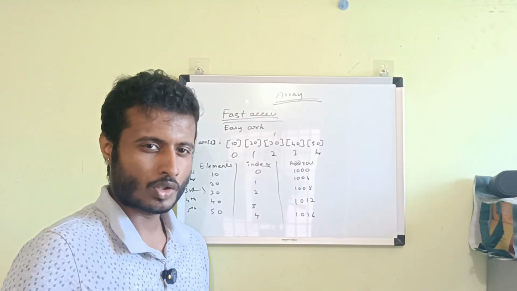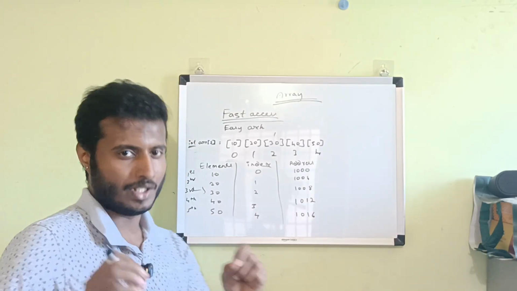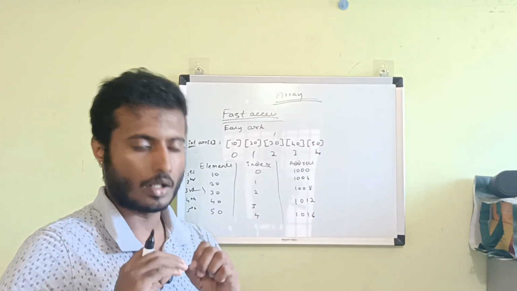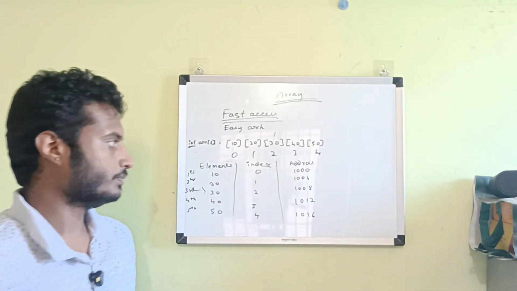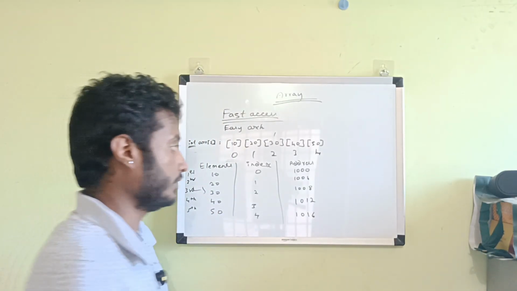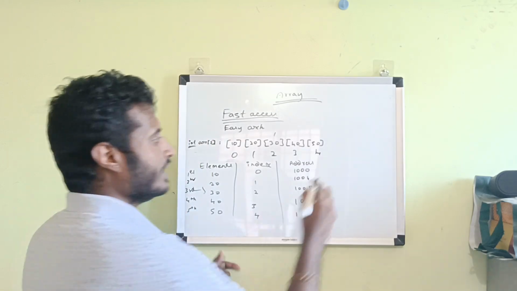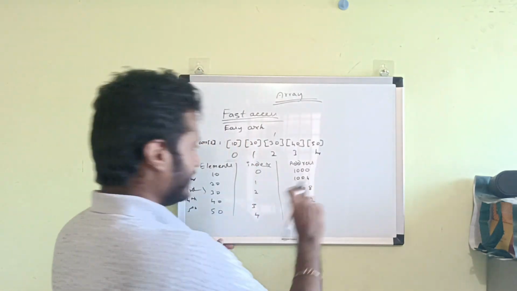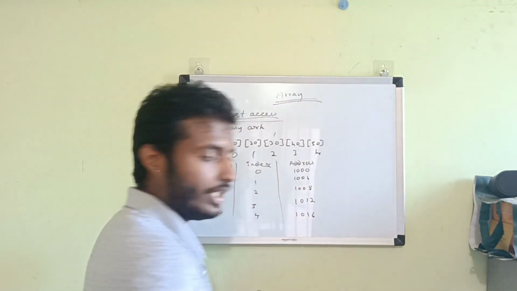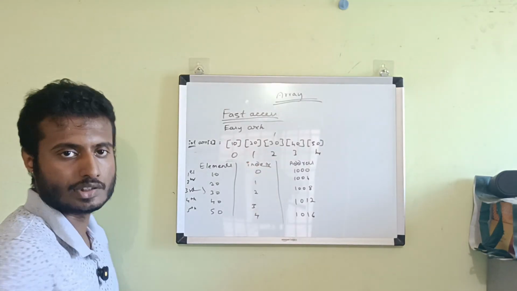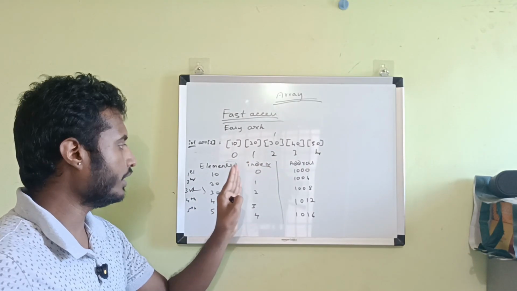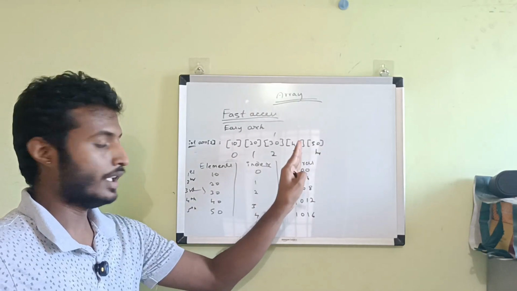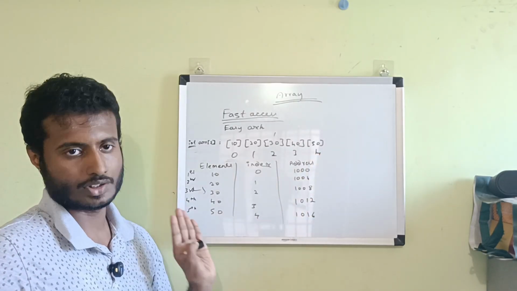Whatever element you want, subtract 1. Here is a tricky thing. We already know the index, and through the index we can get the address.